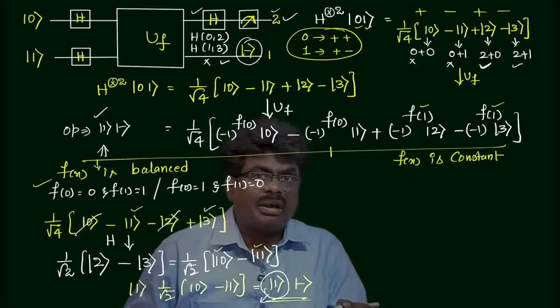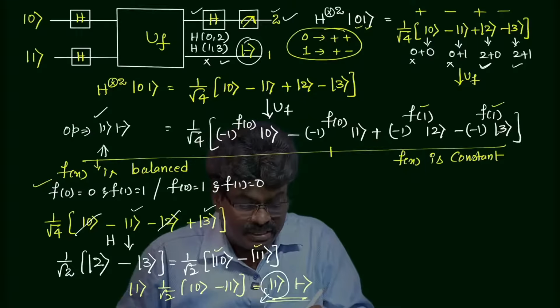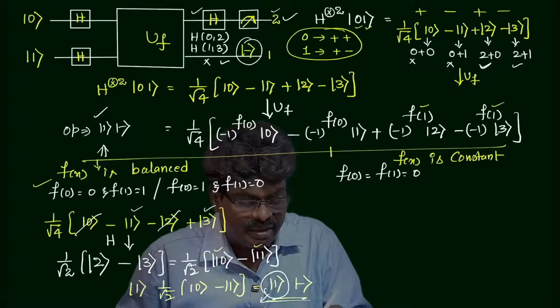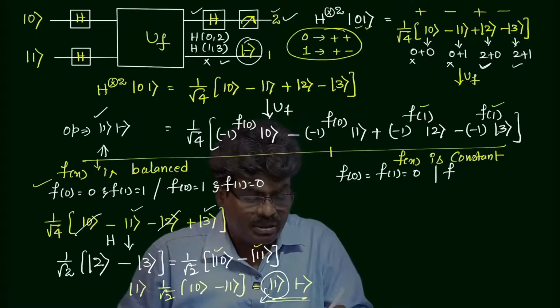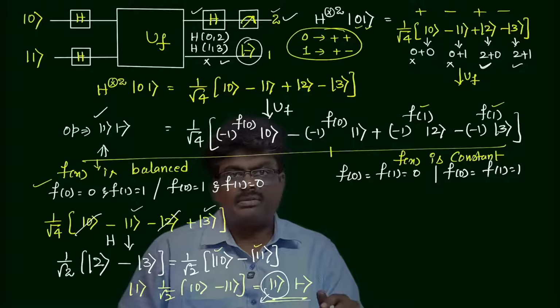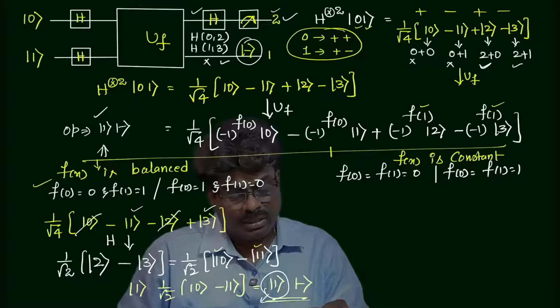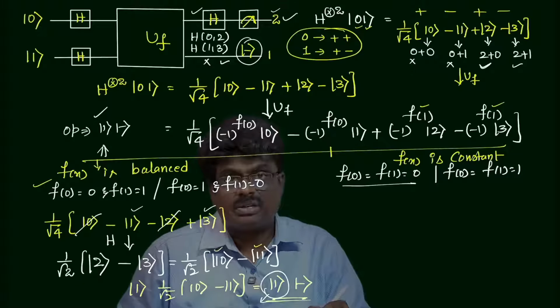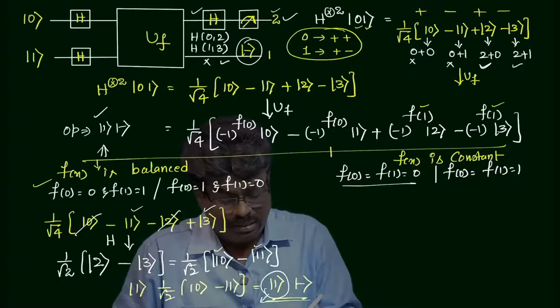Let us suppose now f of x is a constant. F of x is constant means both f of 0 and f of 1 take the same value, either 0 or 1. Any one thing you can take, it's not an issue. Now I'm taking both zeros, substitute, then no change.